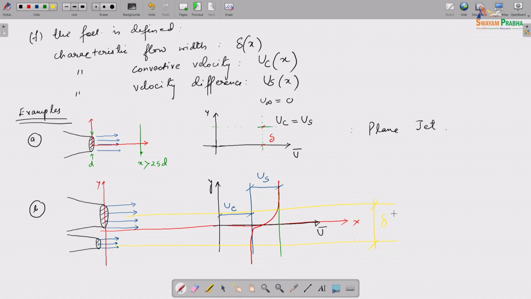You see why we said characteristic flow width delta. So we are calling this delta because for our first case, the plane jet, it becomes the jet half width. But if you have a case like this one where you have two, it's actually a plane mixing layer.